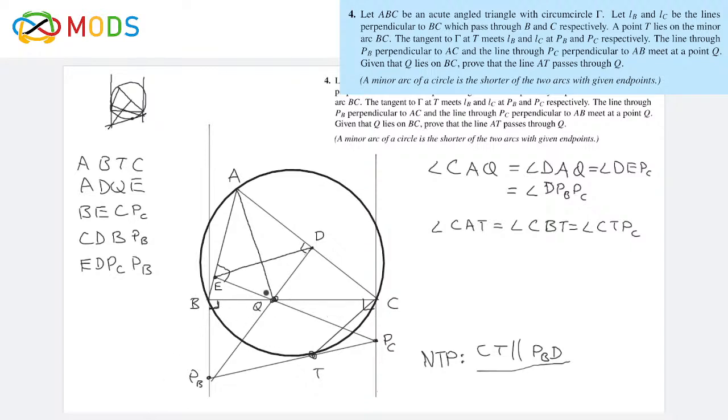Okay, so I think the locus of Q, by the way, looks something like this. Can you prove that? No, but you could prove that using a coordinate bash, or any other bash, really.